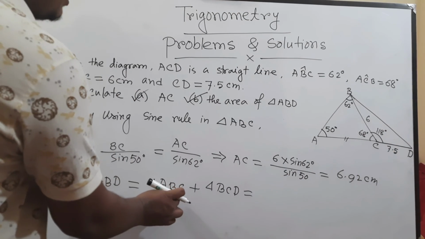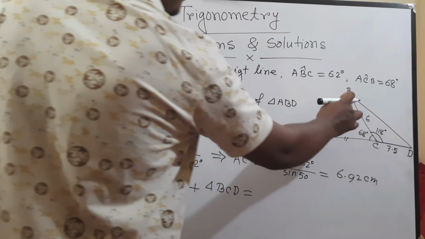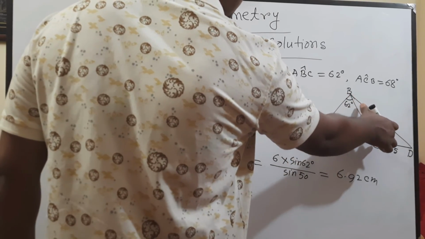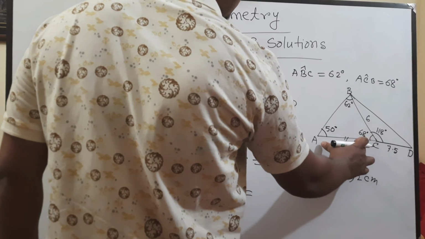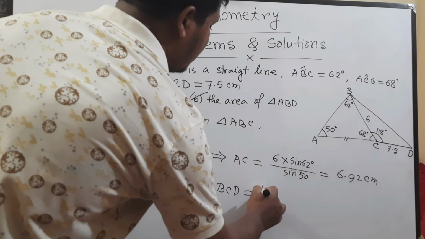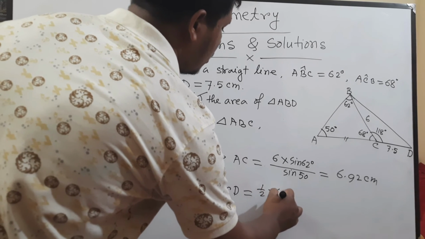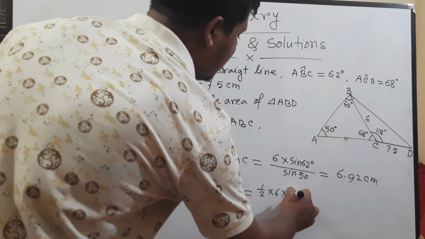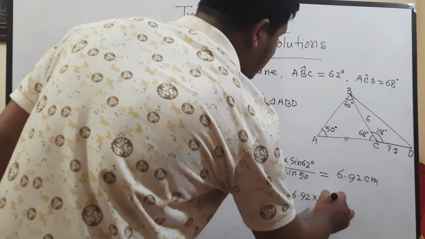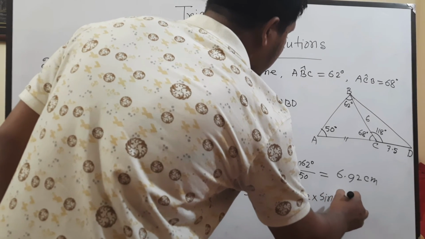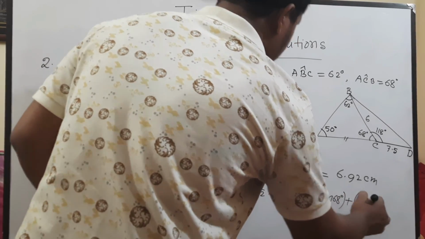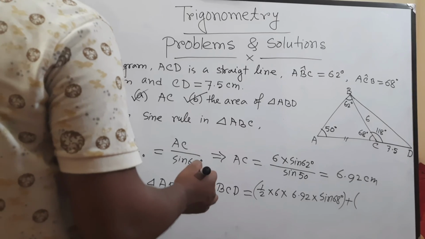Okay, now area of the triangle ABC. So if we look at here, the one side BC is given and we already calculated the side AC. So then we can write it like that: half into 6 into 6.92 into sine of the corresponding angle, which is 68 degree, plus the second one, that is BCD.